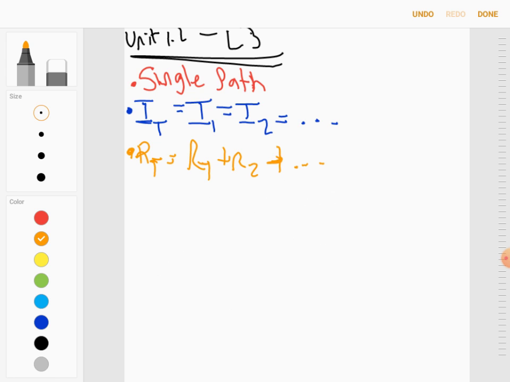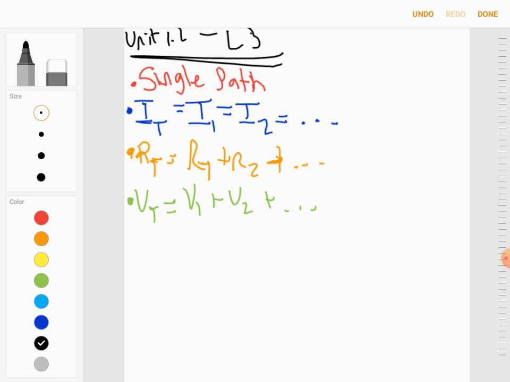There could be 286, and it would still apply. All of the sum of them equals the total. Then the next rule is that the total voltage is going to equal the sum of them as well. So V1 plus V2 plus and so on.